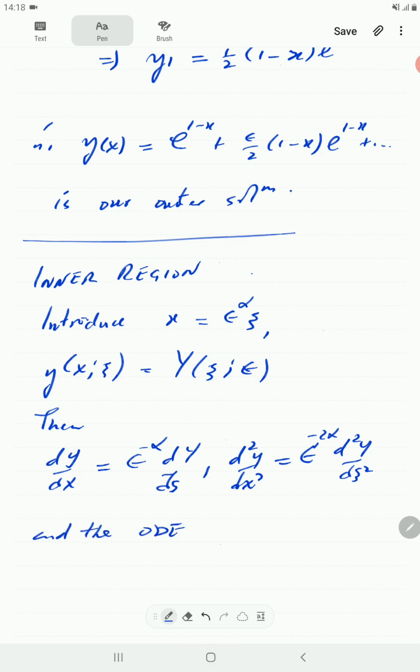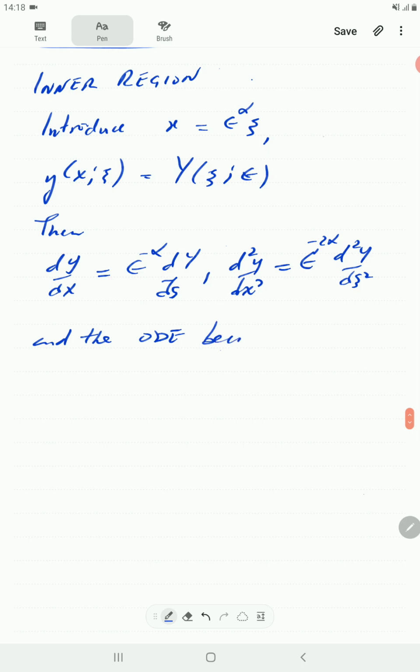So the ODE is going to become epsilon to the power 1 minus 2 alpha Y double prime, where now prime stands for derivatives with respect to xi, plus epsilon to the power minus alpha Y prime plus 2Y equal to 0.